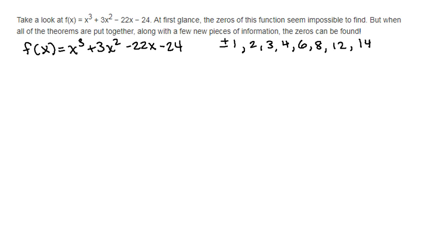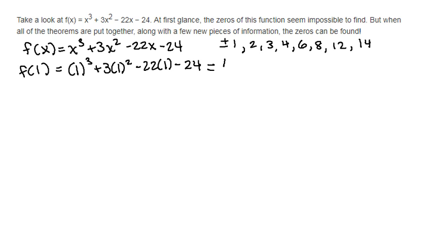So let's go ahead and plug in 1. F of 1 equals 1 cubed plus 3 times 1 squared minus 22 times 1 minus 24. You can plug that into your calculator, but I've already worked it out, and that comes out to negative 42. So 1 is not a root of this function, because it has to come out to 0 for it to be a root.